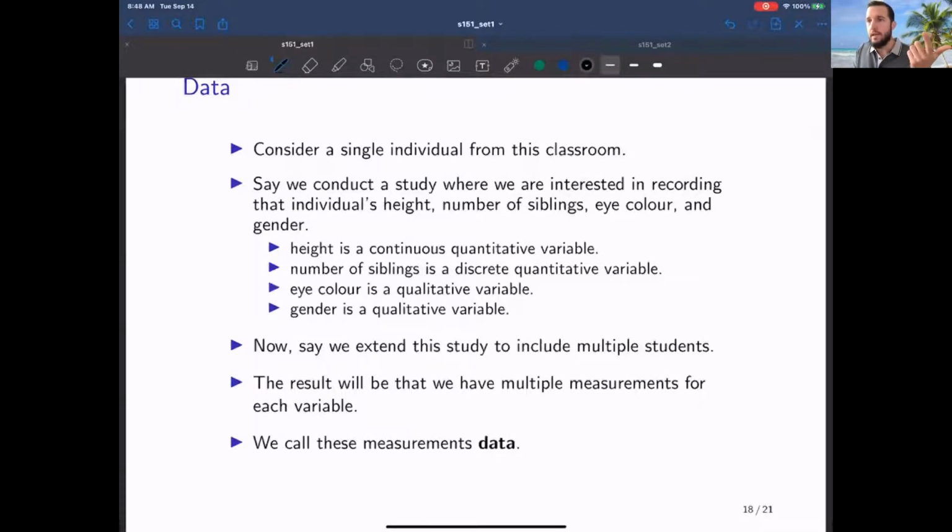Discrete quantitative data would be data that represents a count of some object that belongs to each person in the sample. And then continuous quantitative data would be some measurement of interest for each of the persons in the sample.